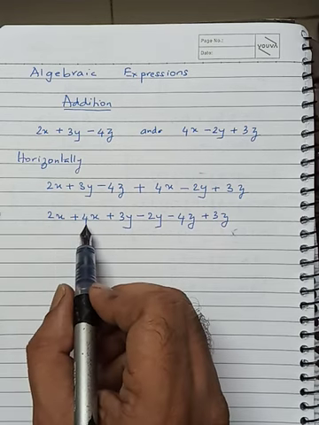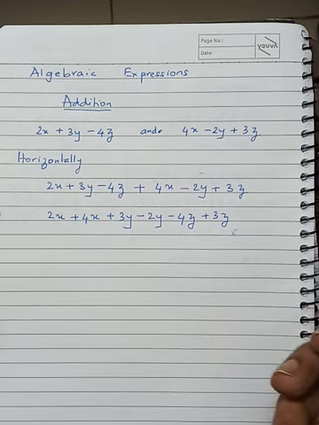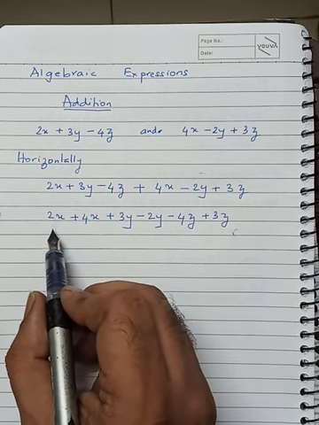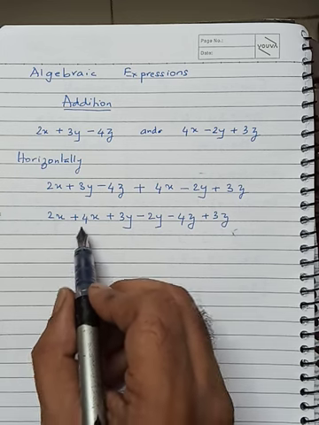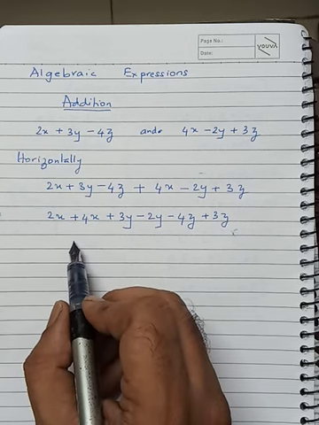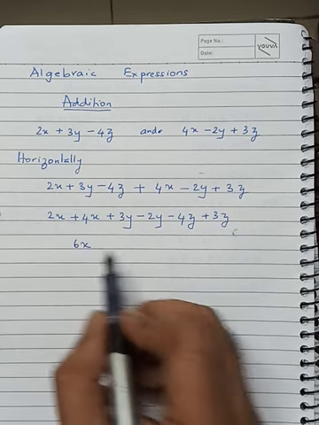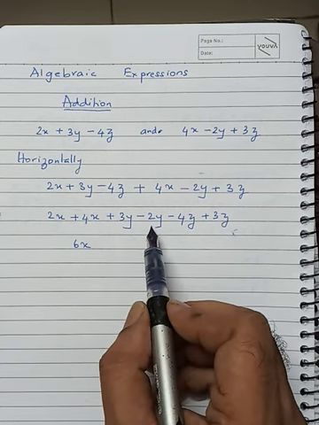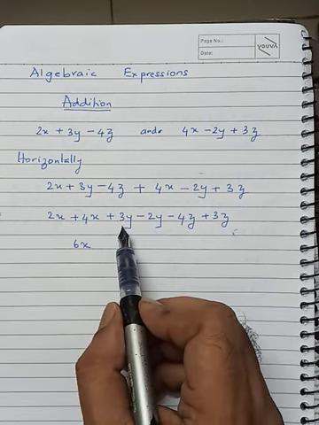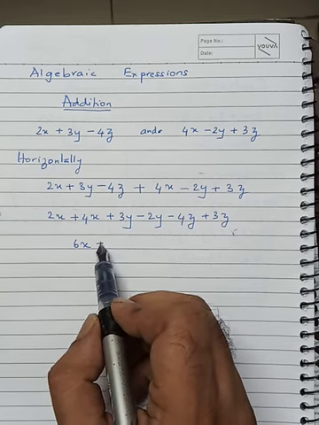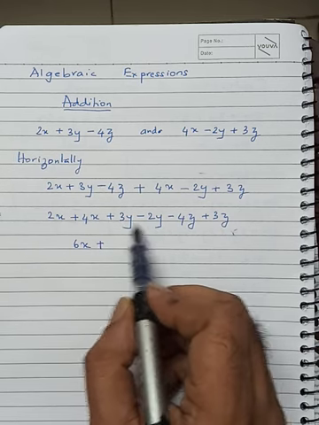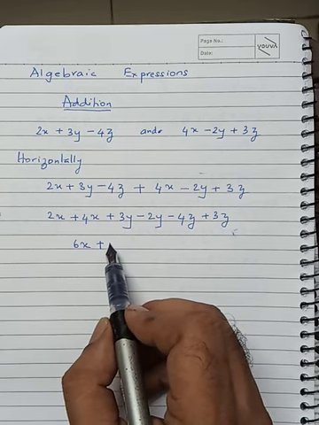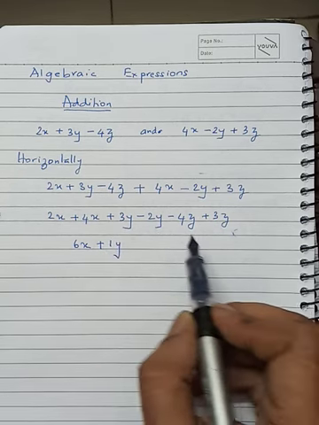Now I will add or subtract according to what the operation should be over here. So 2x plus 4x will give me 6x. 3y minus 2y. Here there are numbers with two different signs. The sign of 3 is greater, that is positive. Since the signs are different, I subtract. 3 minus 2 is 1y.